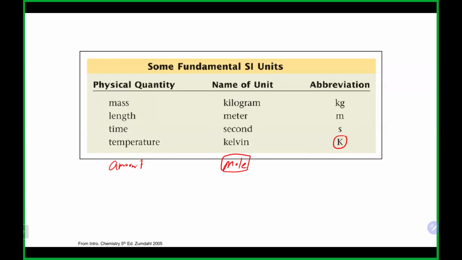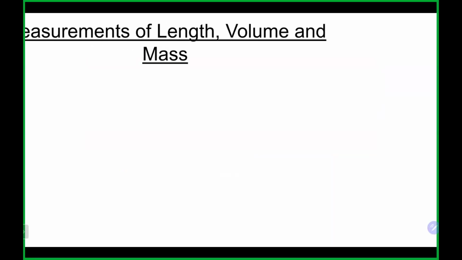I can't tell you how many people have told me that they have 15 kilograms of water as their volume, or for their mass, they have 10 milliliters of mass, and they don't understand what those units mean. So it's really, really important to understand those units.